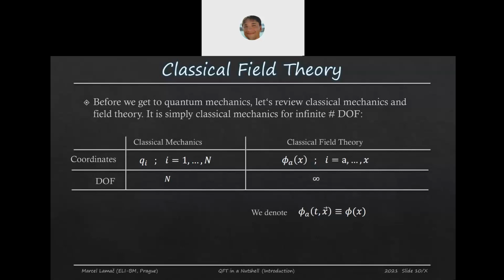In classical field theory, the only difference is that now we talk about fields, and we consider these fields as the coordinates. What is a field?